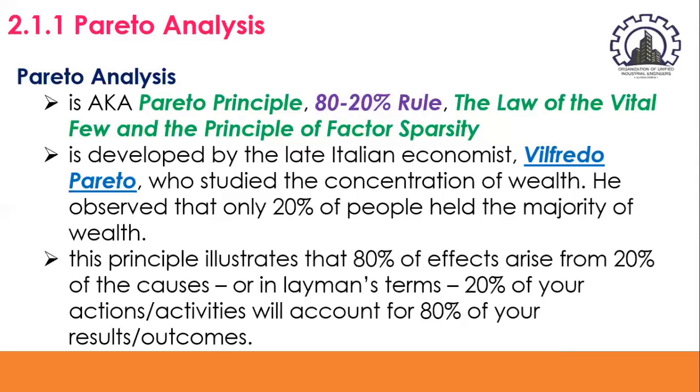So Juran also coined the terms vital few and useful many, or trivial many, to refer to those few contributions which account for the bulk of the effect, and to those many others which account for a smaller proportion of the effect.